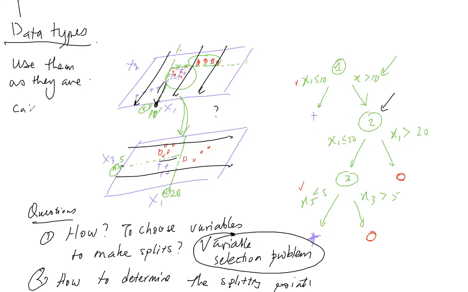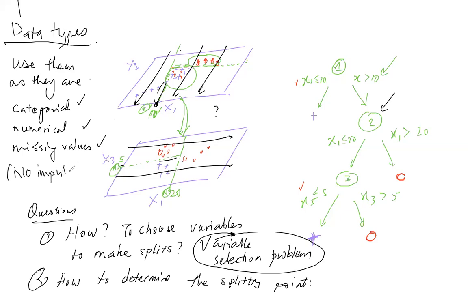Okay, the categorical, it's okay. Numerical, okay. Missing values, also okay. You don't have to impute missing values, no imputation. It will treat missing values, like for example over here, if you have missing values, it may actually go to either one of these nodes, right?